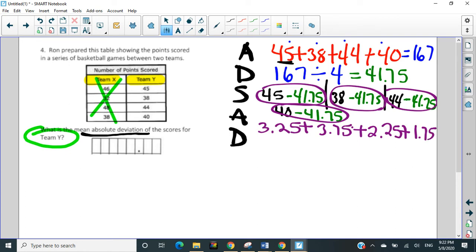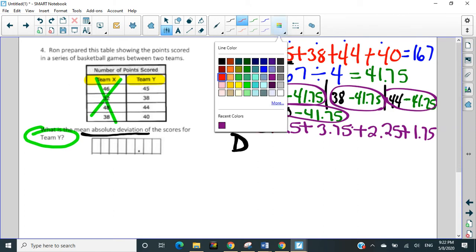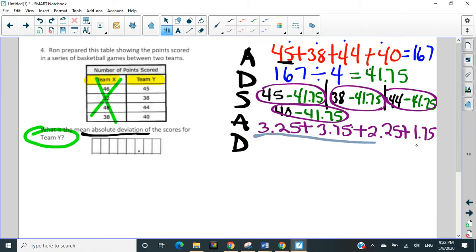Now that you have that, all you have to do is pretty much divide. That is your last step. So first we're going to add everything. So we're going to add all of these, and we're going to get 11.